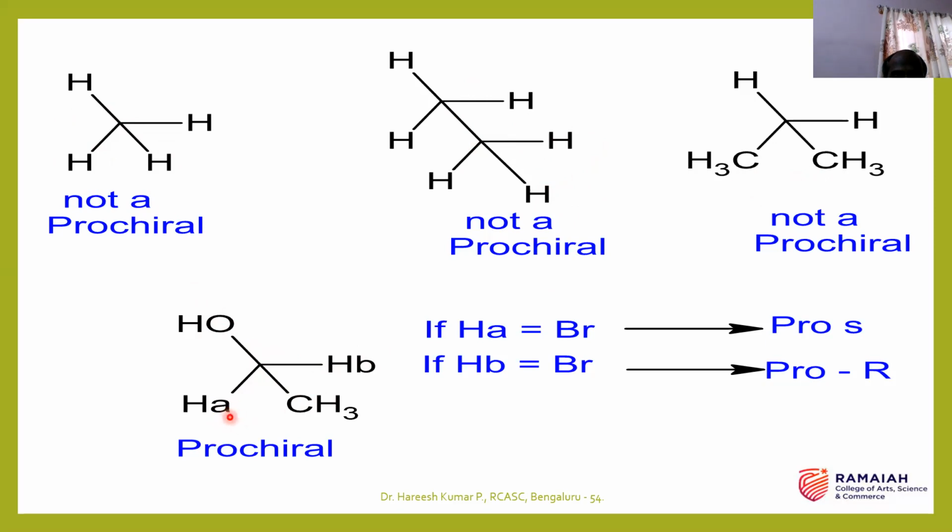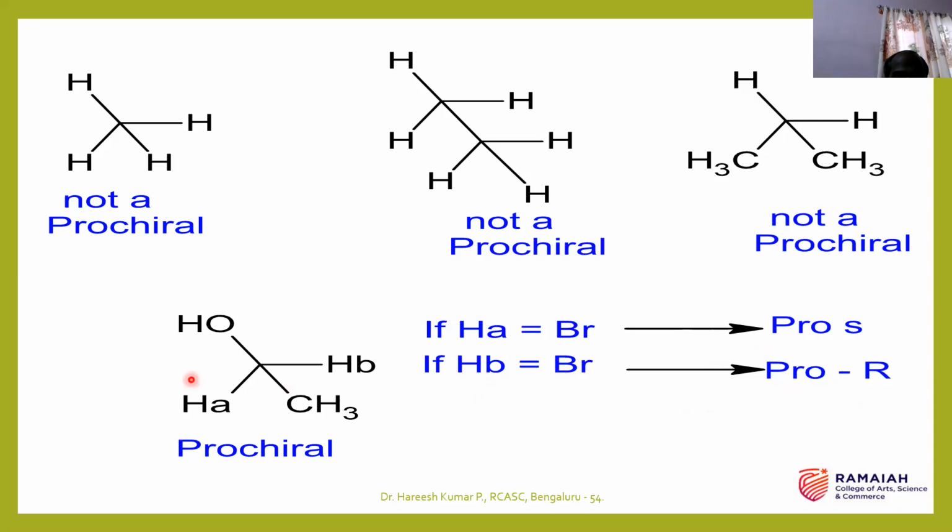Suppose you replace HA with bromide, then the obtained compound is S configuration. So that is the reason we can say that HA is pro-S. Similarly, if we replace HB with bromide, the obtained compound is R configuration. So we can say that it's pro-R.